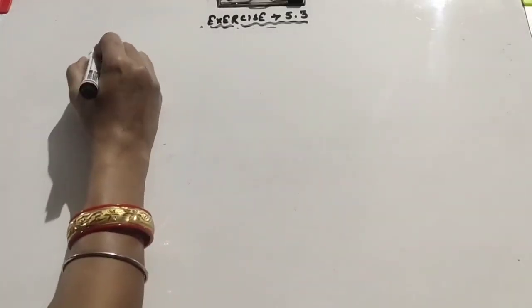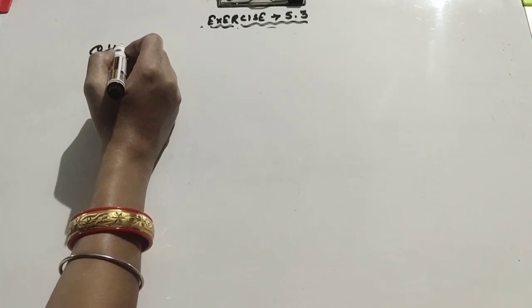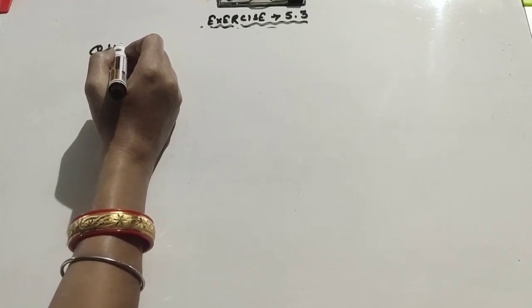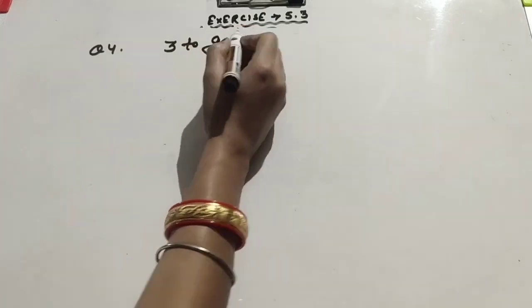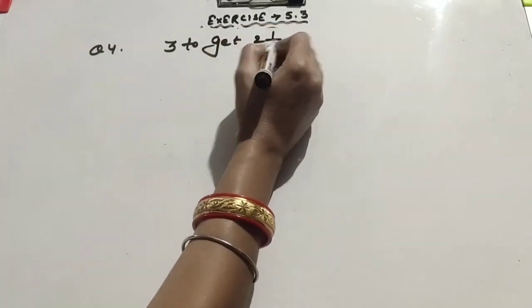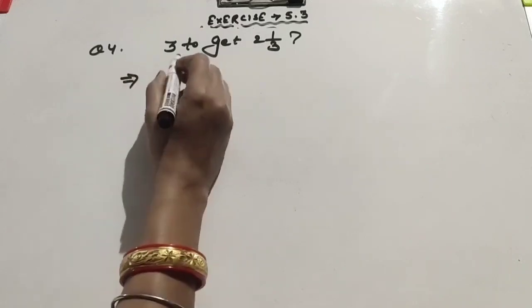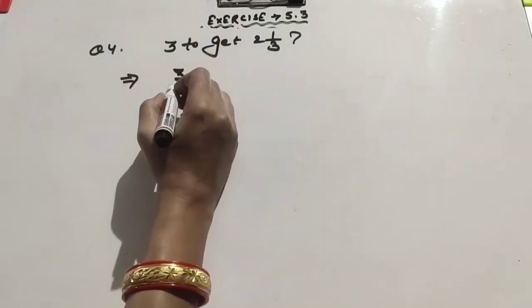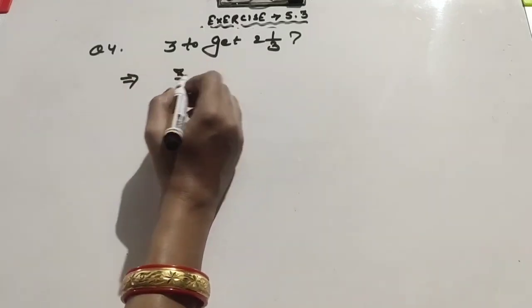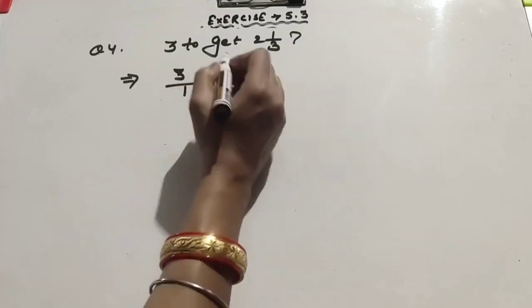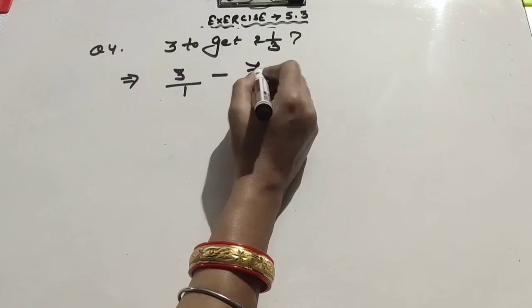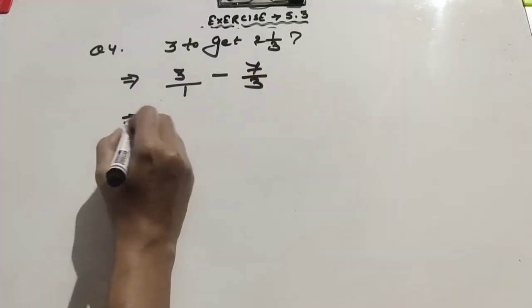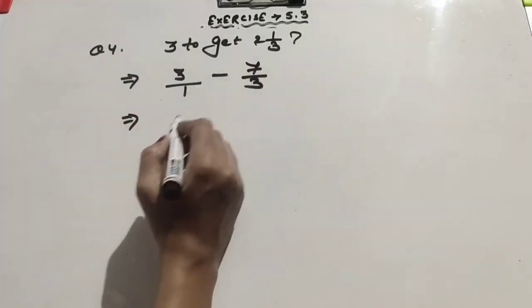Question number 4 is given. What number should be subtracted from 3 to get 2 1 by 3? Simply, because no fraction is given for 3, we will suppose it is over 1. Subtracted from 3 to get 6 plus 1, 7 by 3. Now take the LCM of 3 and 1.